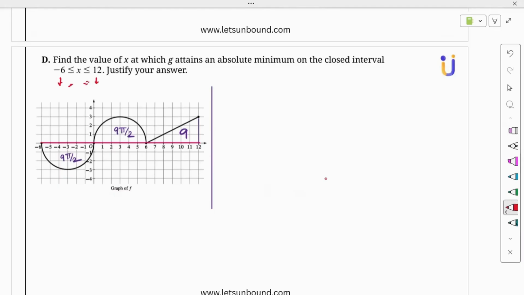How will we do relative minimum? Absolute minimum is very simple, we can do that at the time of candidate test. Relative minimum occurs when g prime changes its sign.